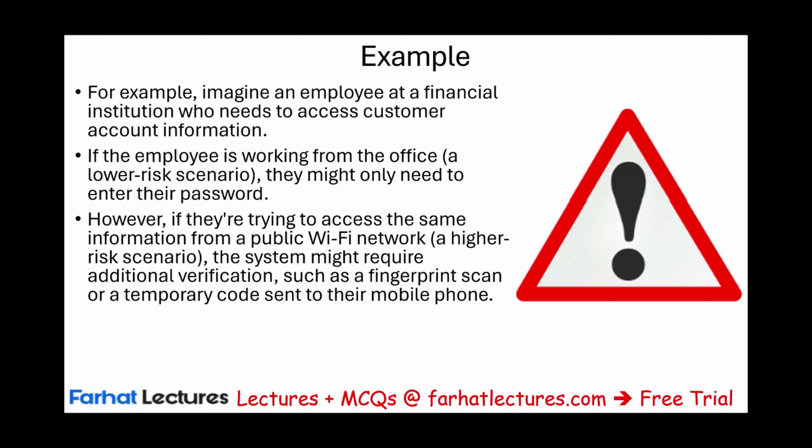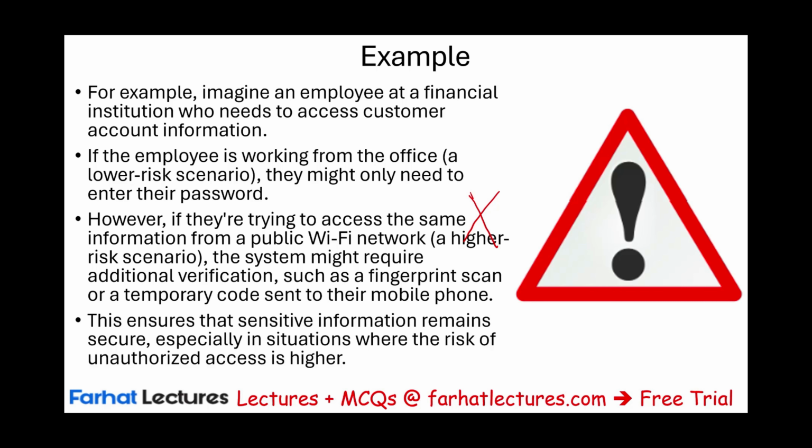However, if they're trying to access the same information from a public Wi-Fi, the system might require additional information such as a fingerprint scan or temporary code, or altogether say you cannot access the customer record because you're on an unsecured public Wi-Fi.